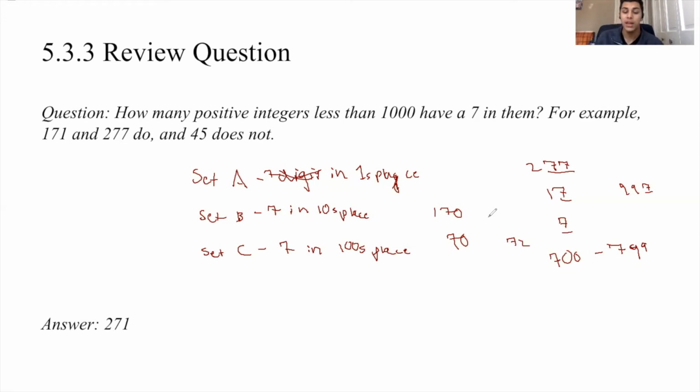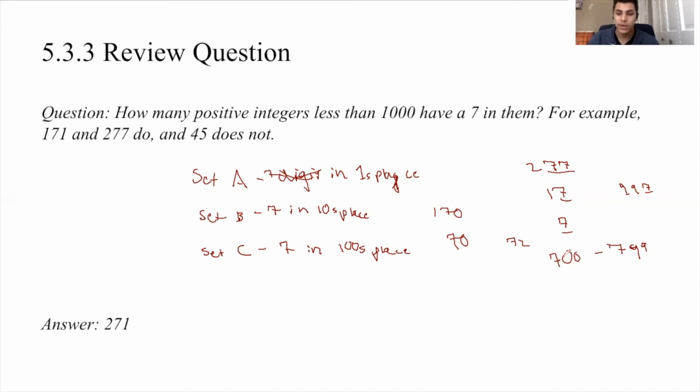And that's why we need to use our equation instead of writing just everything out, because that's going to take forever. So let's start by finding the amount of numbers in each of these sets. And we'll start with set C, because that one's the easiest. We already said set C is all the numbers from 700 to 799.